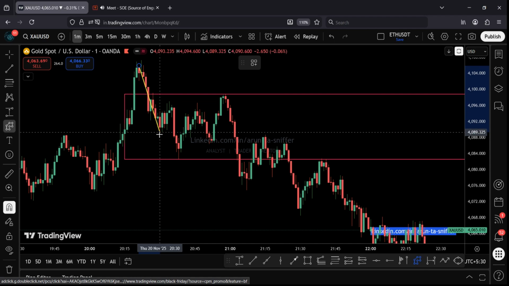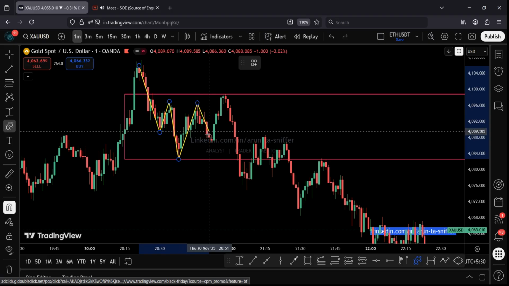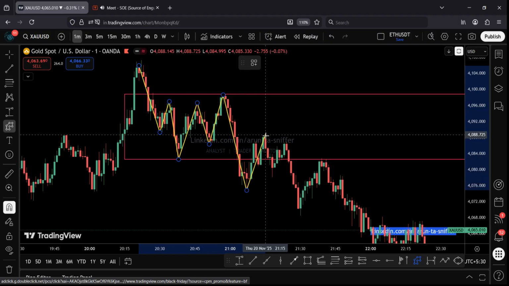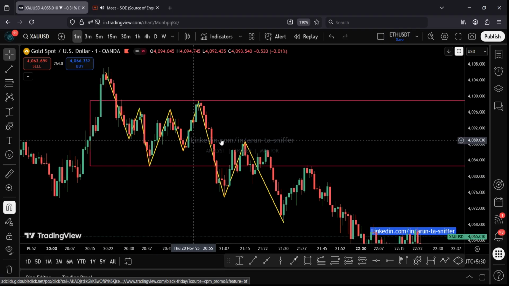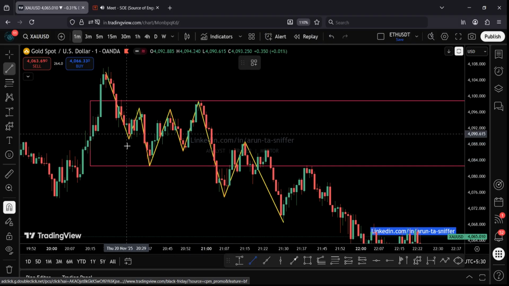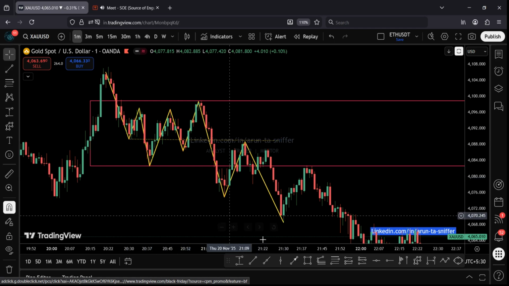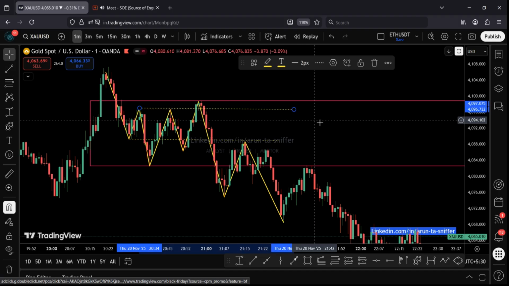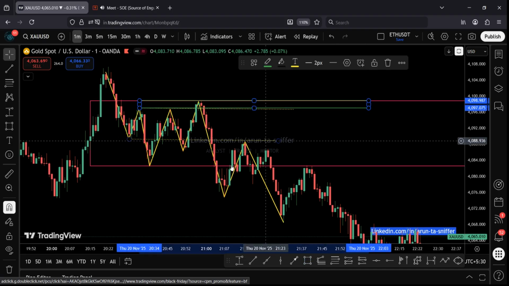So this will be our structure: low, high, lower low, goes up, came down, goes up, then came down, then goes up and came down. So what happened here? We have one liquidity structure like this, and our MPL will be here. So this will be our MPL.